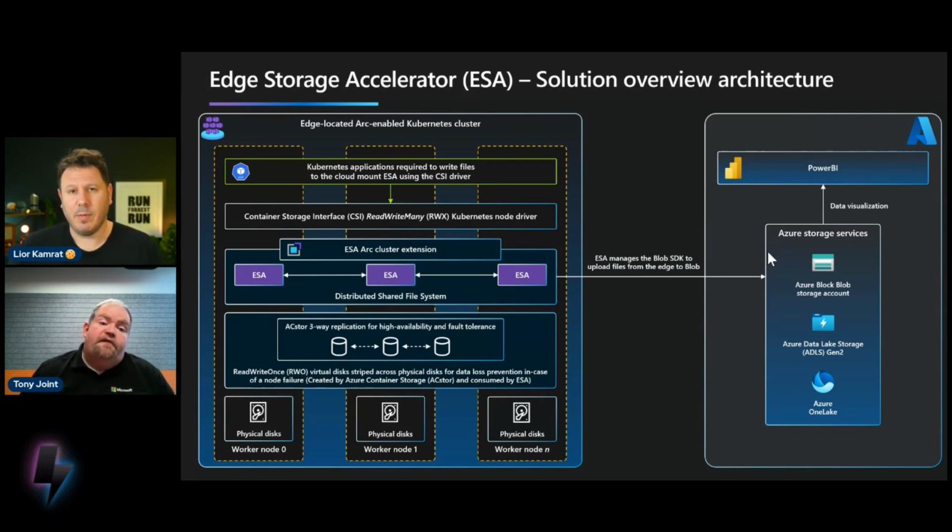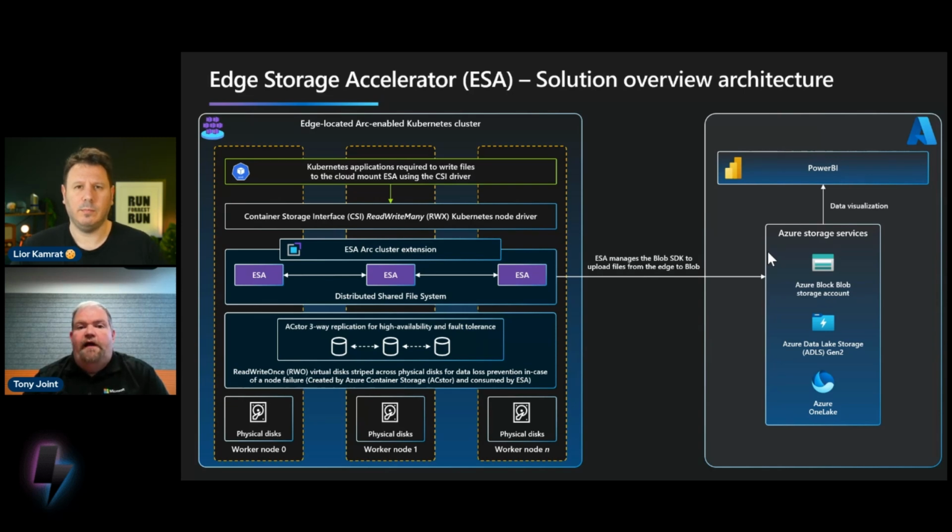So one of the areas of flexibility for our customers is that you have the data local. We handle the local data storage, but we also then copy those files in blob format out to the public cloud, and that gives you a couple of benefits. First, you can leverage the cloud and Power BI for visualization.